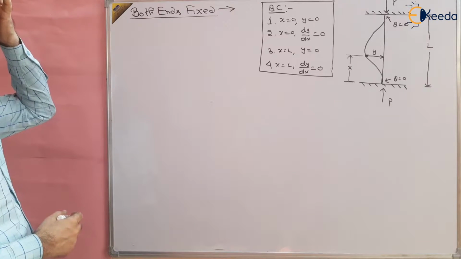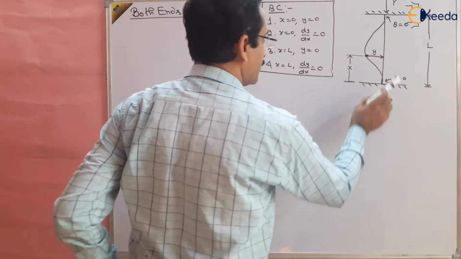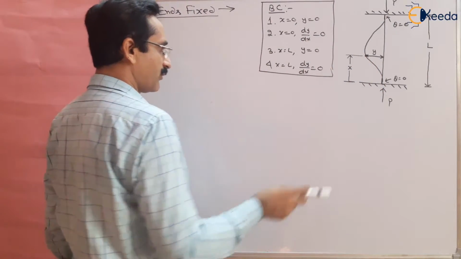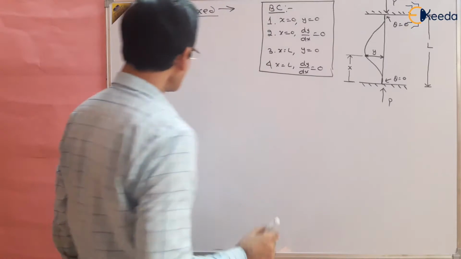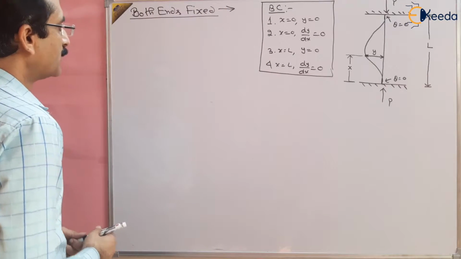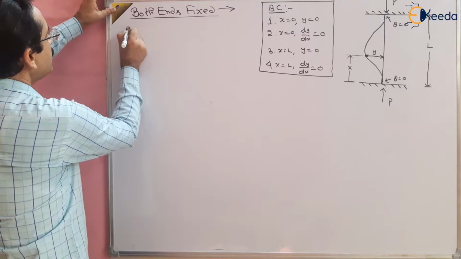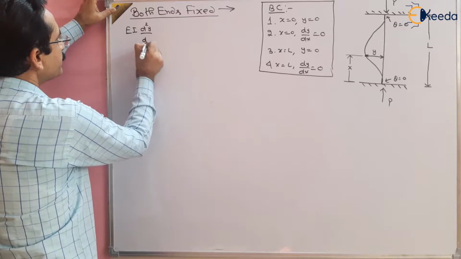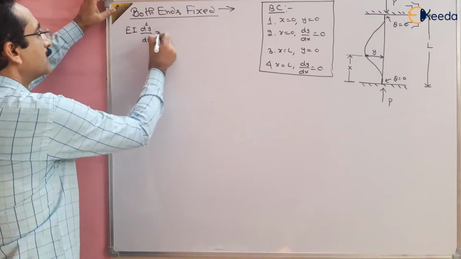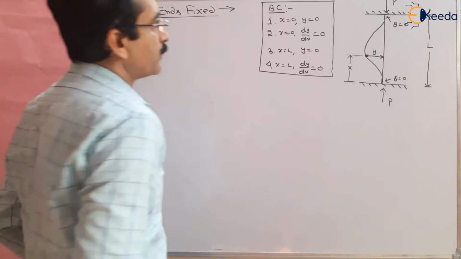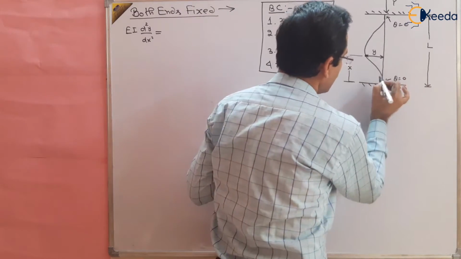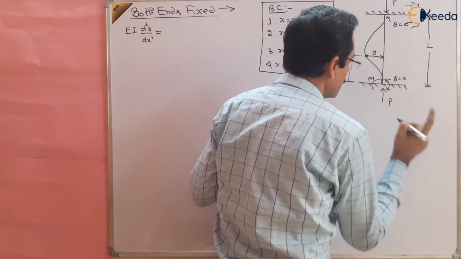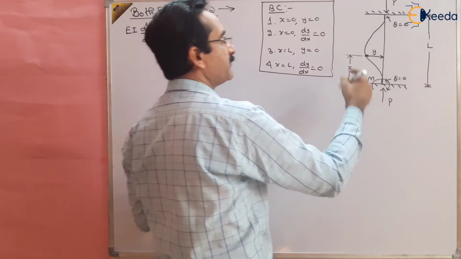Now we want to find out the Euler's load. So first we have to find out the deflection equation, and using that deflection equation we will find out the load P. So what is the deflection equation? You know, the deflection equation is given by EI d2y by dx square equal to bending moment, and you should know that at this point also there must be some moment because there is a resisting bending moment at the fixed points also, right?